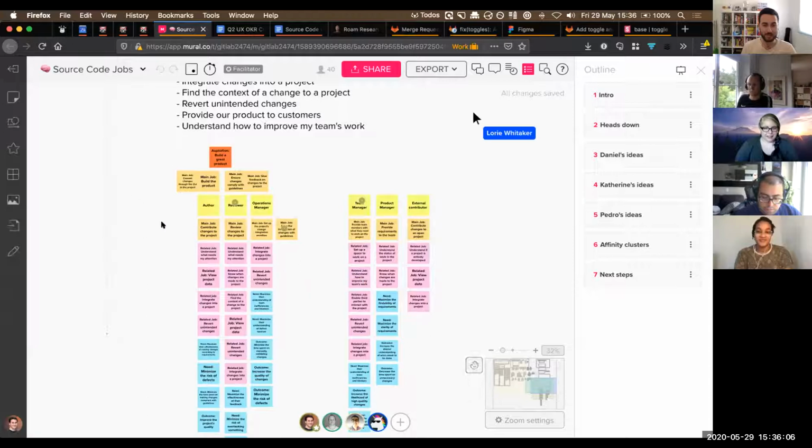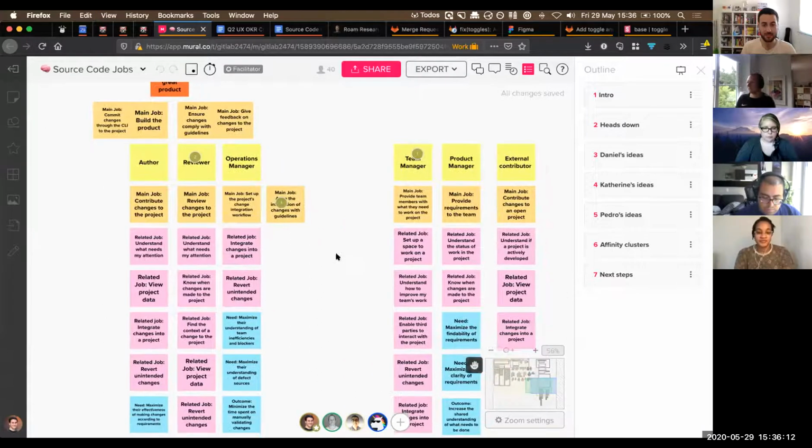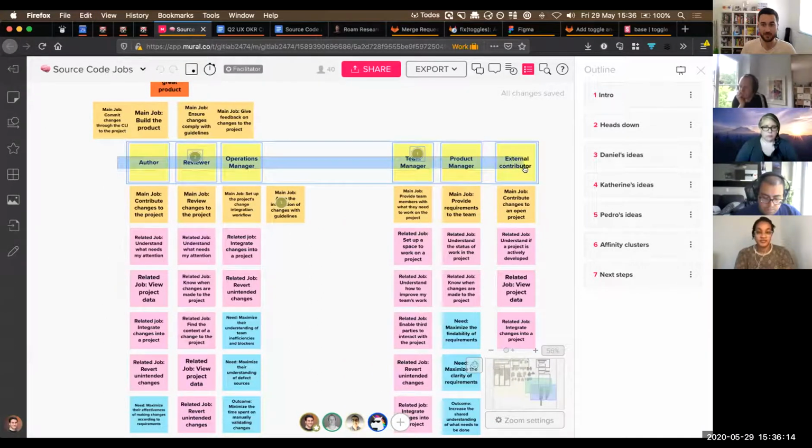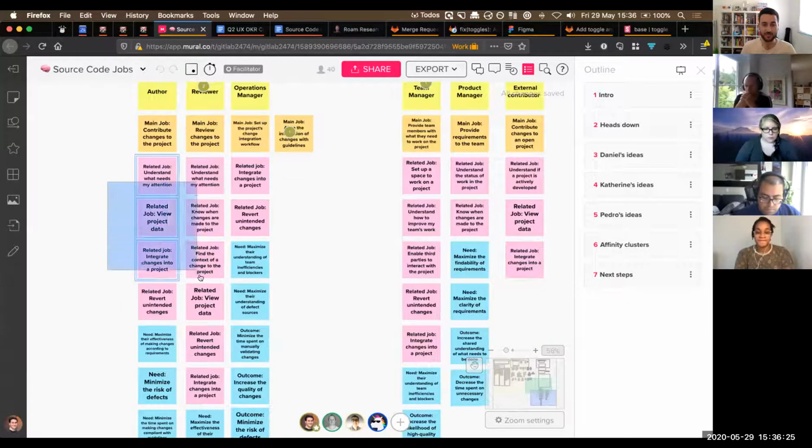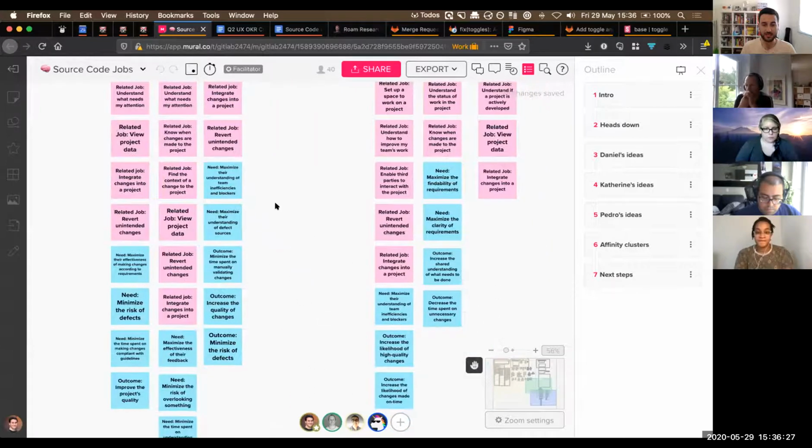We then translated it into what we have here now. And basically the yellow, I think it should be fairly straightforward, but the yellow stickies would be job performers. Then you can see the main jobs in orange, related jobs in pink. And we also define needs and outcomes in blue.